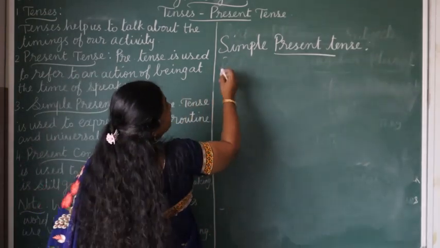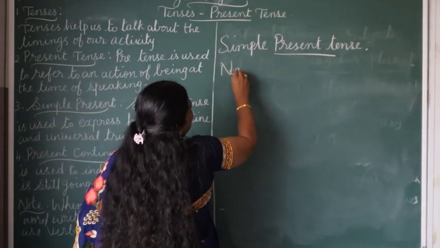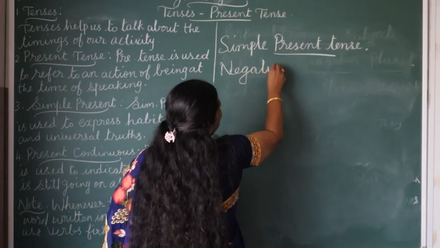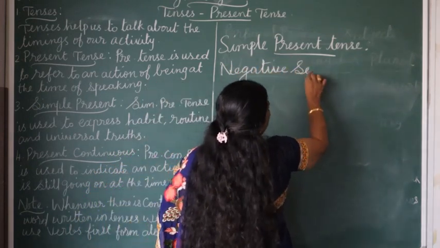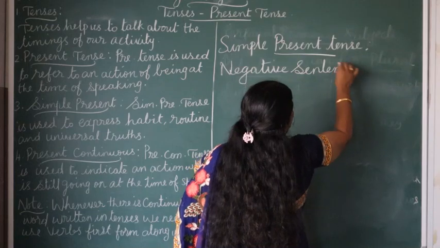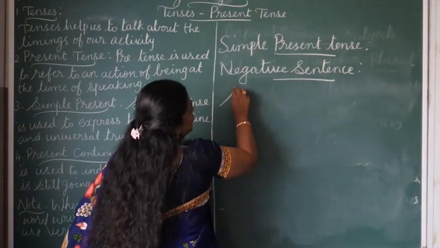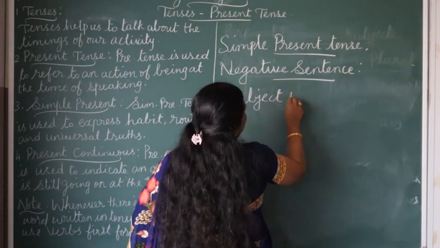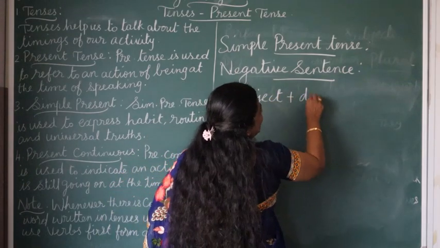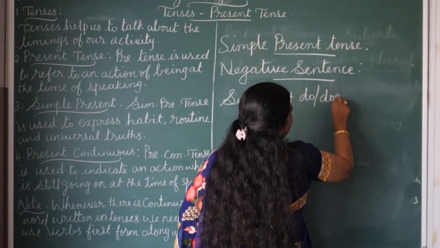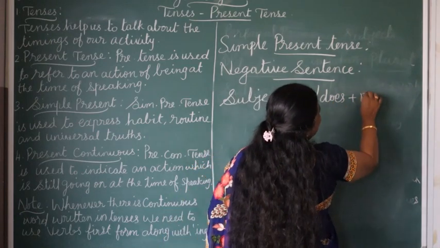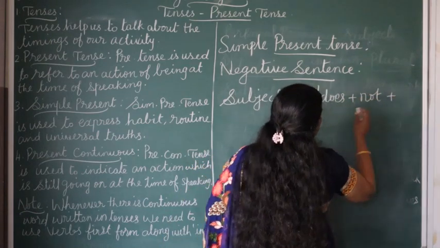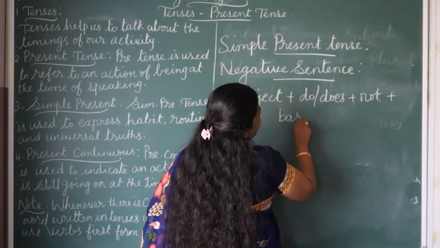Rule form of negative sentence. Subject plus do or does plus not plus base form of the verb.